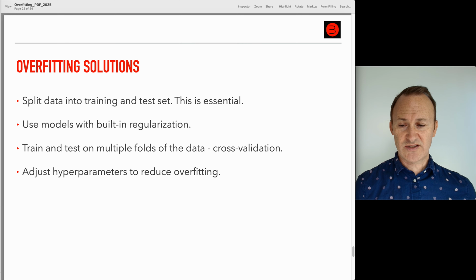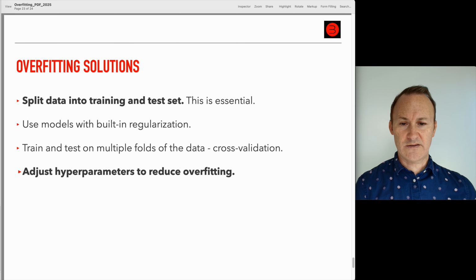By adjusting these, depending on the model, they're different for all the models, you can also reduce overfitting. And we're going to look at in this lesson how to split data into training and test set and how to adjust hyperparameters to reduce overfitting, though we will look at the other options later.